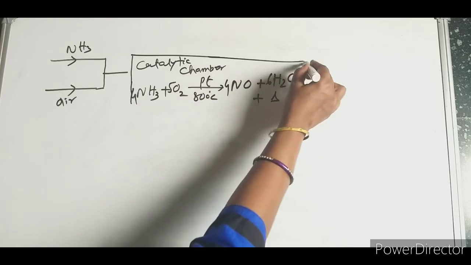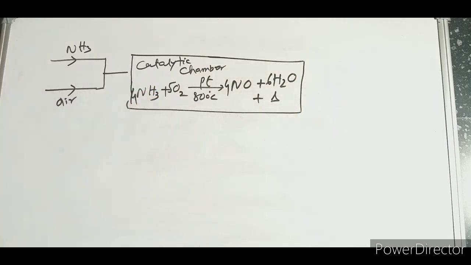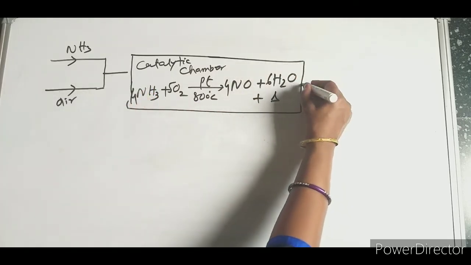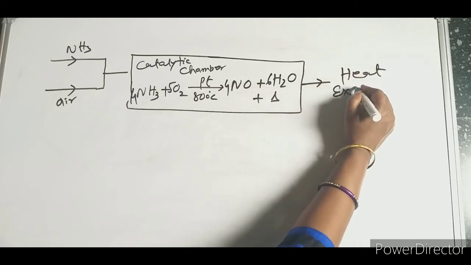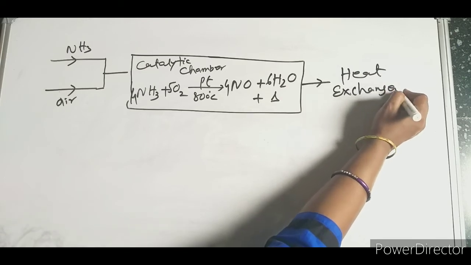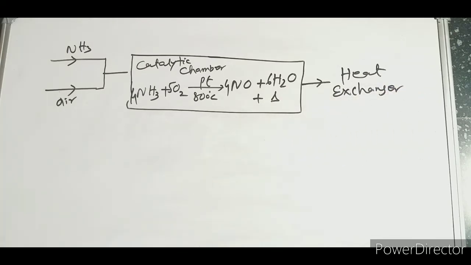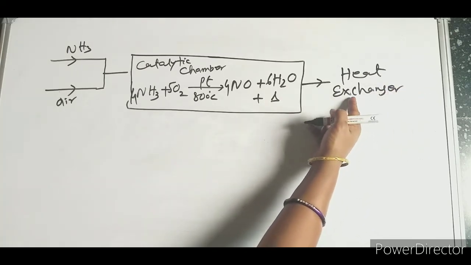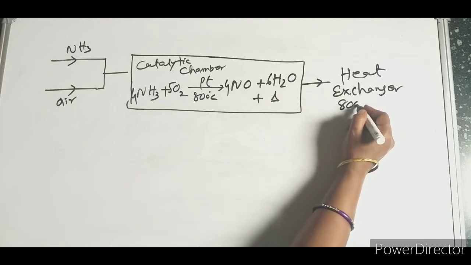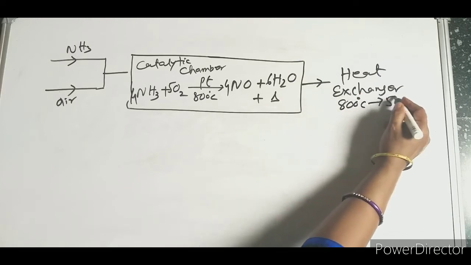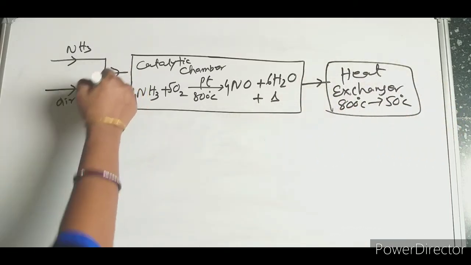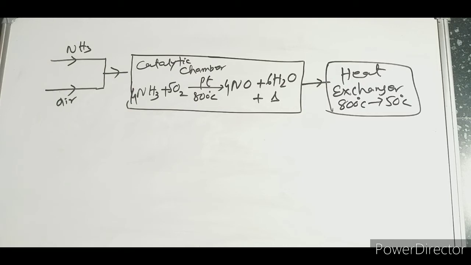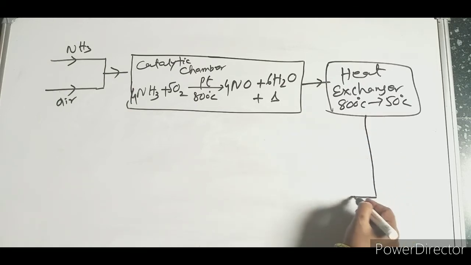So 4 NH3 plus 5 O2 gives 4 NO plus 6 H2O along with heat. From the catalytic chamber it goes to the heat exchanger, or you can write cooling pipe. Here the temperature of 800 degrees is brought down to 50 degrees Celsius. From here it goes to the oxidation chamber.